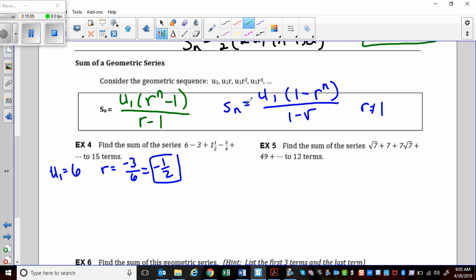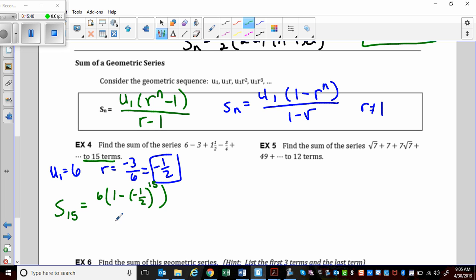I'm going to just plug this one in. So we have S sub 15, the first 15 terms. S sub 15 equals the initial term, which is 6, parentheses, 1 minus negative 1/2 to the n, 15.